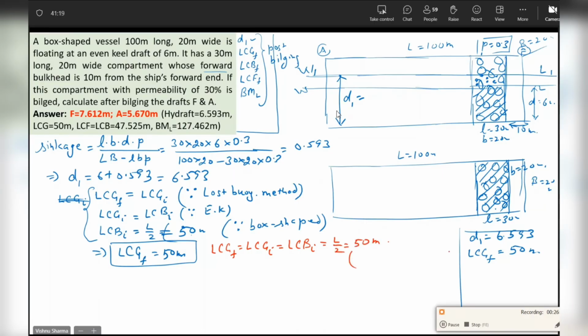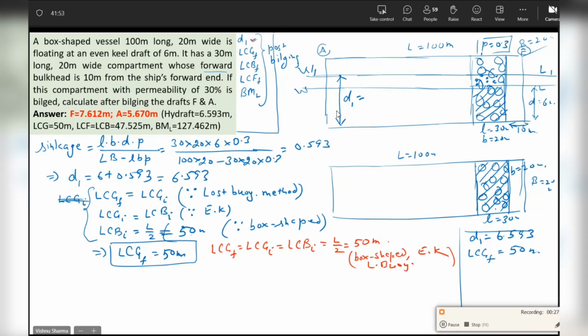And the reason for all of them is box shaped, even keel, lost buoyancy method. So you can write in 1 line, you can write in 3 lines. Choice is yours. It doesn't make a difference, whichever way you're comfortable with. Is that clear, beta?